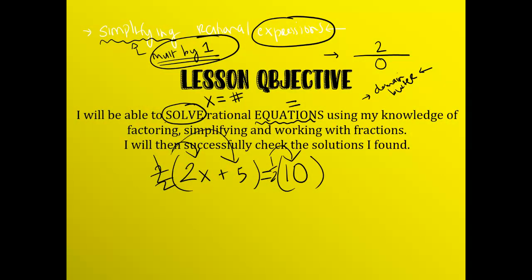We're going to be solving rational equations using our knowledge of factoring, which is still really important, simplifying, and working with fractions in general. Once we arrive at solutions, we are going to check the solutions that we found, and that is a key piece of it. Sometimes you'll get something like x equals 2, and we'll see you plug that back in.